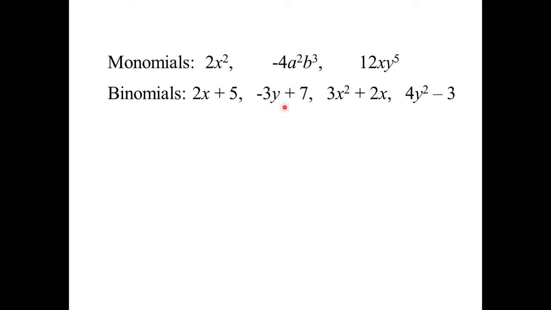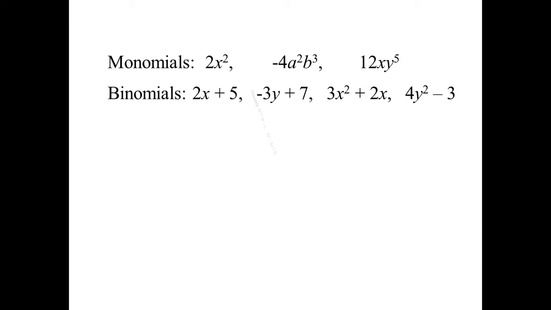Another variable part, and then another number part, plus sign. It could be a minus sign instead. This next one, we have a variable part with a different exponent from this variable part. So again, they are separate thoughts. They are separate ideas. Binomial. This one as well, minus sign, but variable part and number part, separate thoughts. So binomials, again, means two.